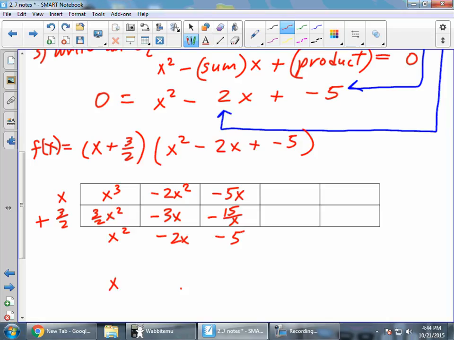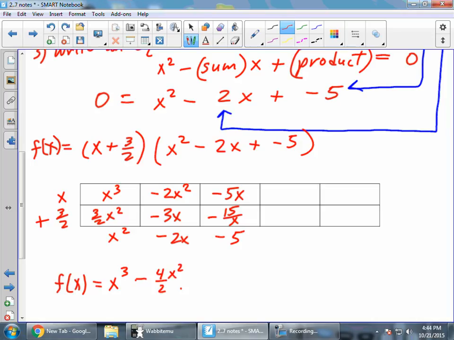So now we have f of x equals x cubed minus 2x squared. Because the 3 halves has a 2 in the denominator, I'm going to write this as minus 4x squared over 2.